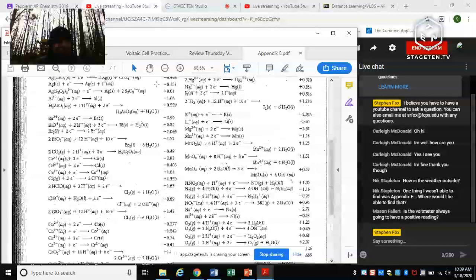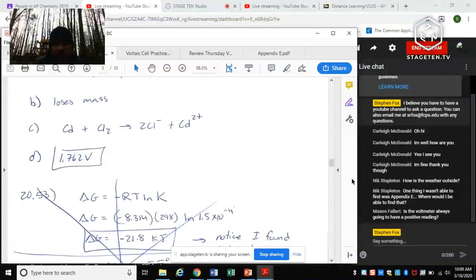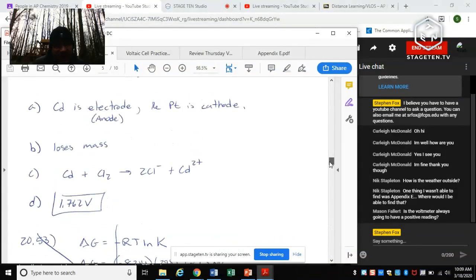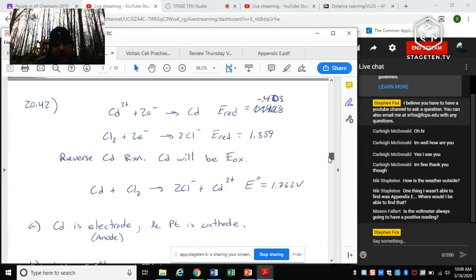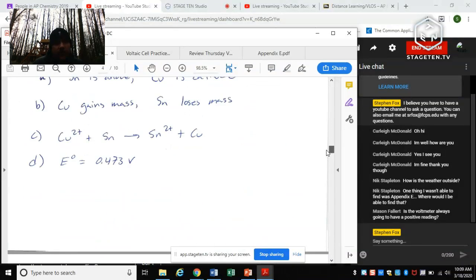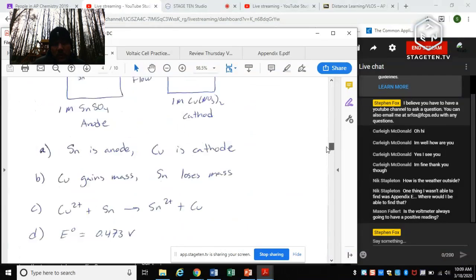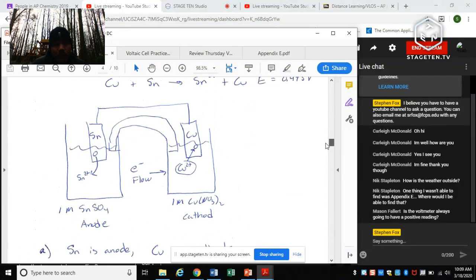Okay. Is the voltmeter always going to have a positive reading? The answer is yes. The voltmeter is always going to have a positive reading if it's flowing from the anode to the cathode. But the voltmeter has to be hooked up to the right side. So you have to have the negative side to the negative side and the positive side to the positive side. And when that happens, the voltmeter will be positive.